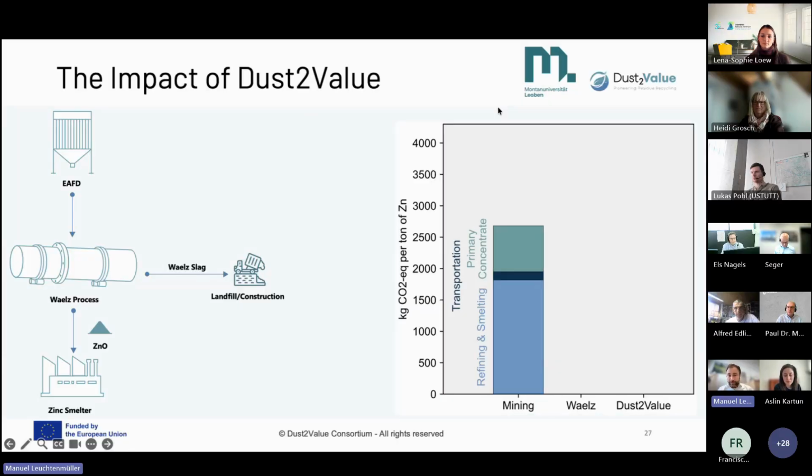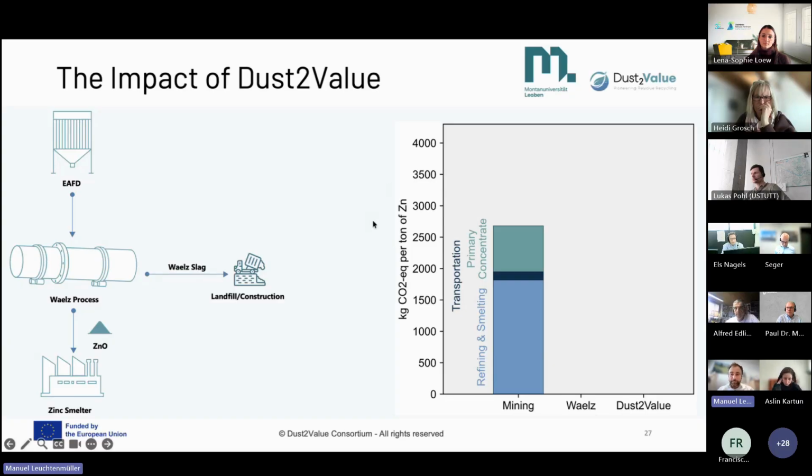And in terms of emissions, when we look at the zinc production, we see that the refining and melting contribute around 1,700 kilograms of CO2 emissions per ton. Overall, it's around 2,600.